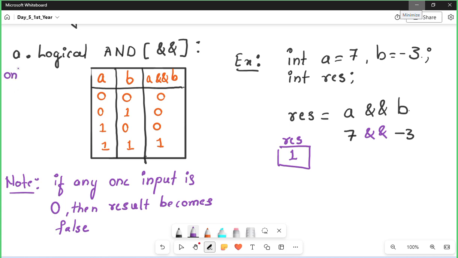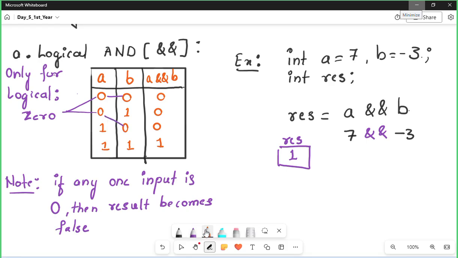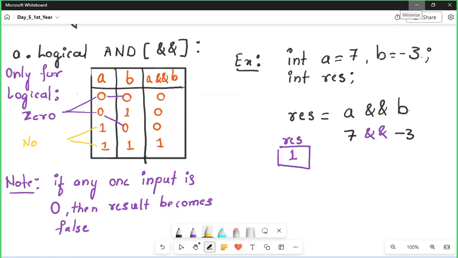Only on the input side, 0 is considered as 0, whereas the others are considered as non-zero.